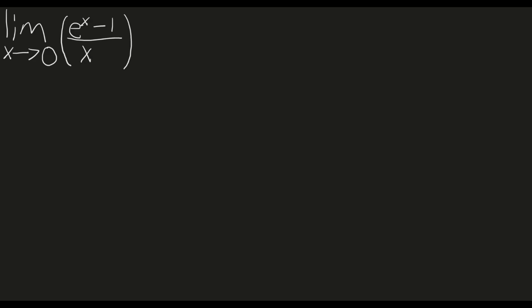Let's work through this last function here. So we want to find the limit of e to the x minus 1 over x as x approaches 0. So let's write out the function to make things a tad bit easier.